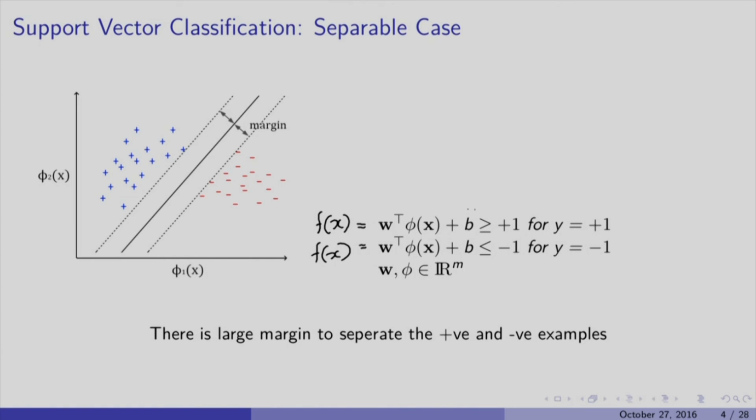You could have rescaled the w's, the b's and this margin. So subject to these constraints, you would like to maximize margin. Now what is a margin? We will see that in the subsequent slides.